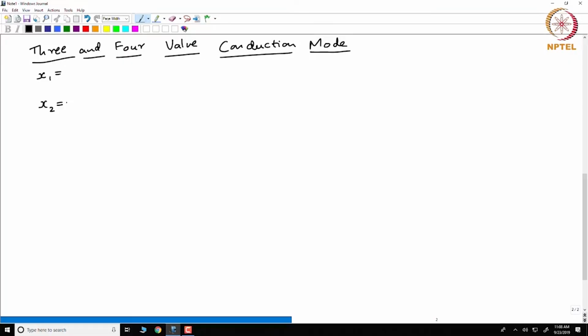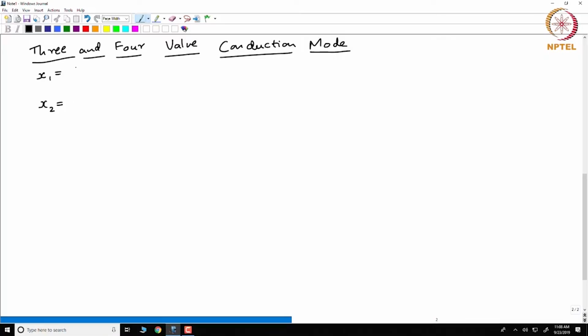Okay. And the last element of x1 without loss of generality is the current in the outgoing valve, the current in the valve that stops conducting. So, which valve stops conducting? When I take 3 and 4 valve conduction mode, in the first subinterval, one valve stops conducting.